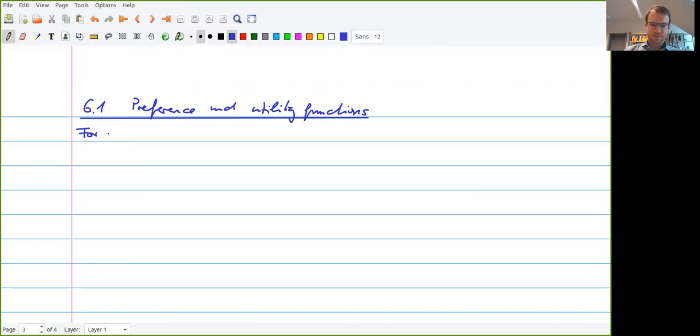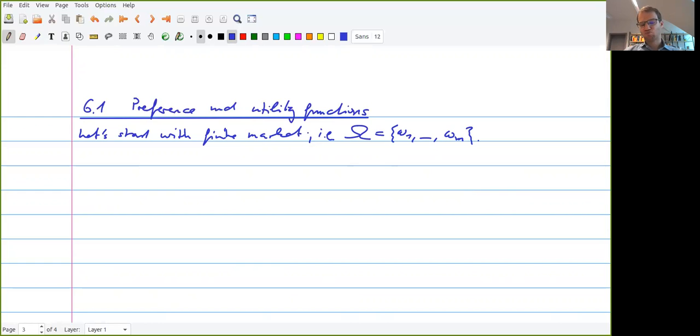So let's start with a finite probability space, so a finite market, like the simple binomial model we just have seen. Here the main point is that the underlying probability space is given by m elements. So this is a finite set, which makes it easier to work with.